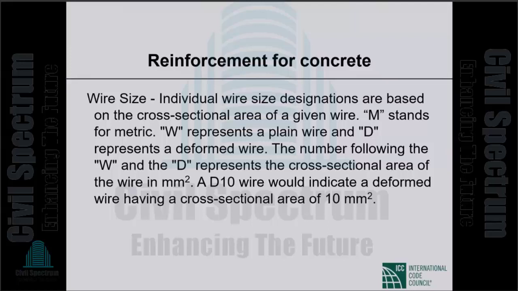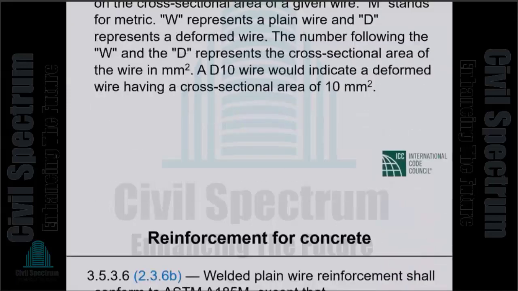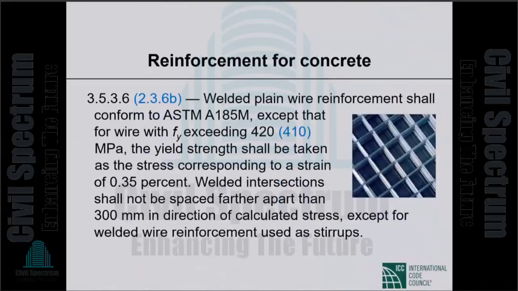So D4 means deformed wire having a cross-sectional area of 4 square millimeters. A D10 wire would indicate a deformed wire having a cross-sectional area of 10 square millimeters. So keep that in mind when you come across wire sizes.